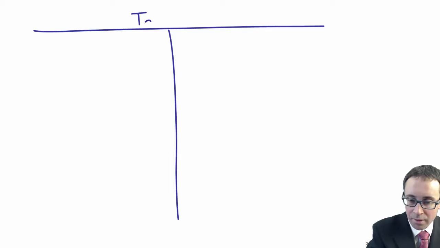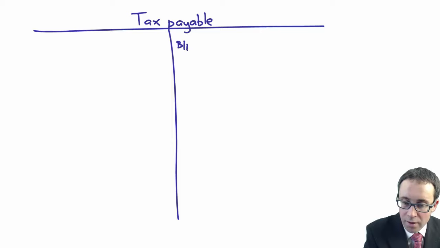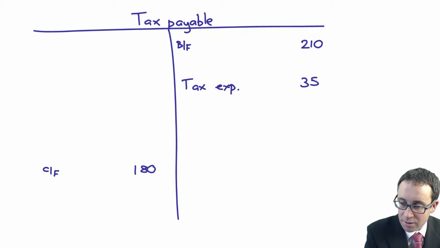The other figure that you've got to calculate there is your tax payable, using your tax payable T account to work out the tax paid. Your opening tax liability was, I think, 210. Your closing tax liability is 180. Your tax expense is 350.